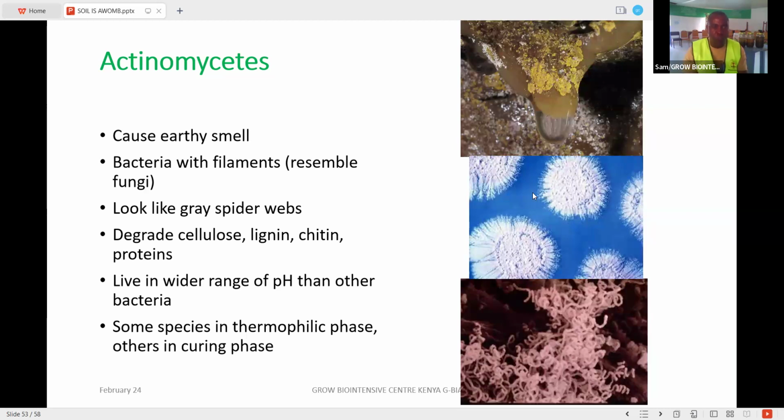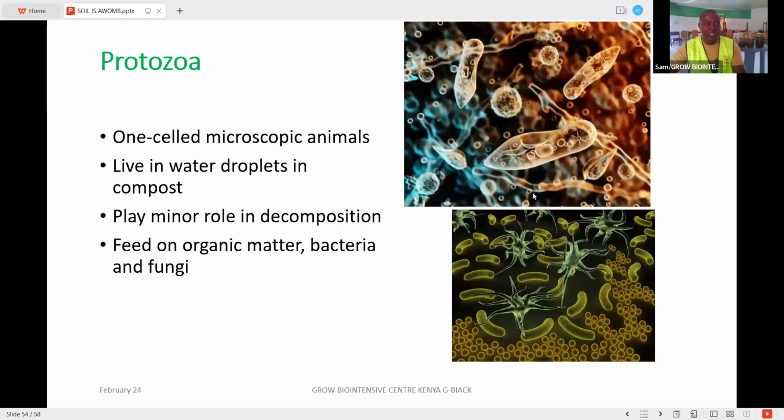They are responsible for finishing that and eating them up. Some species also live in the thermophilic phase, which means high temperatures. They go inside the pile, and they can also help in the curing phase. The curing phase is the last phase of decomposition. So that's the work of actinomycetes.